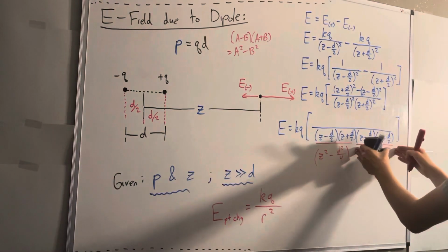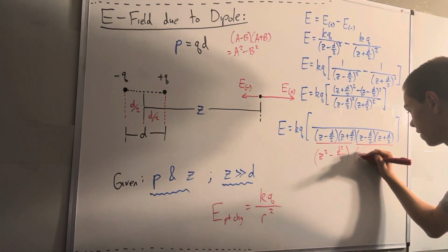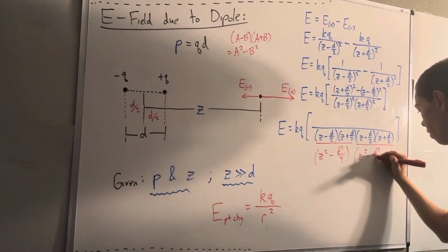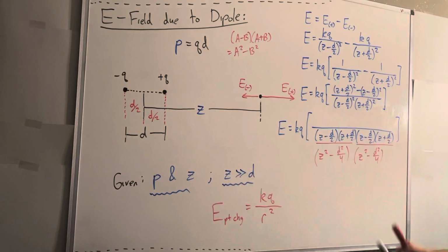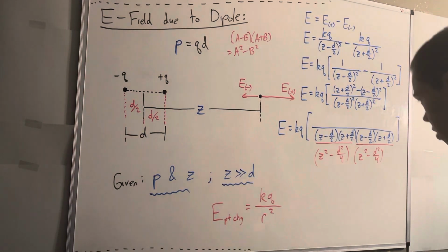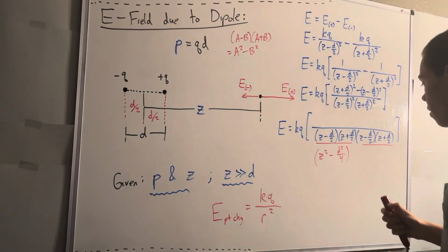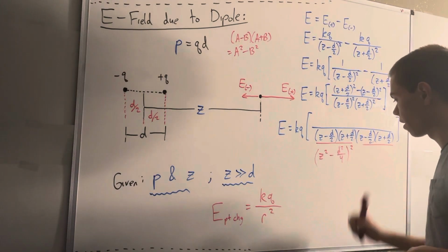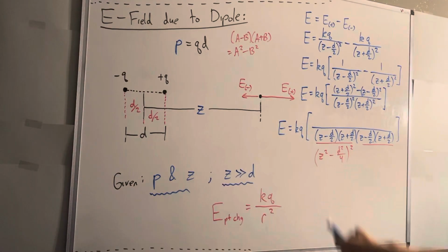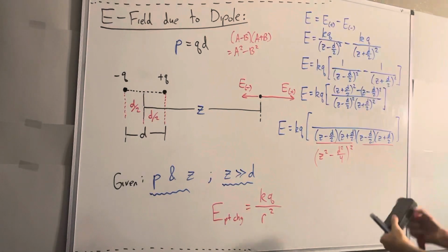And if we were to multiply these together, we would get the same thing, right? Because this and this are identical, which means it's basically this squared. That's all we really get. So we get (Z squared minus D squared over 4) squared. And so that's the idea of what we're going to get in this entire denominator. So let's just rewrite that.